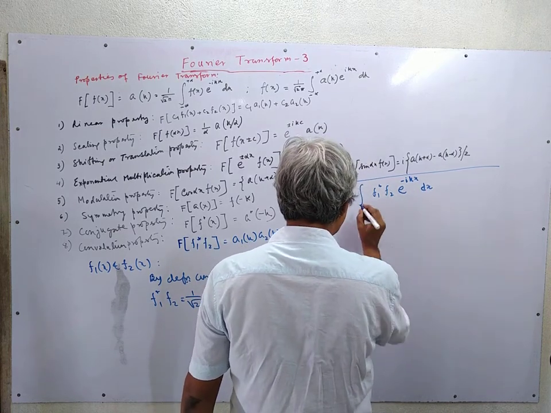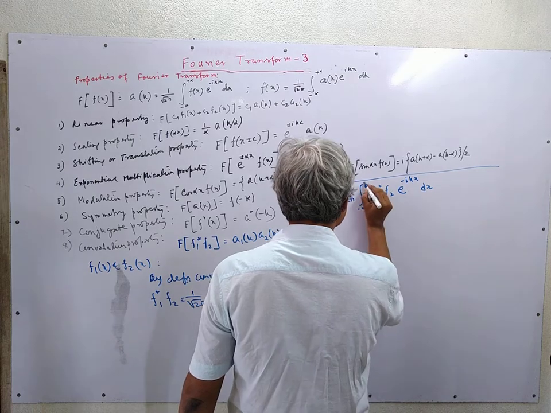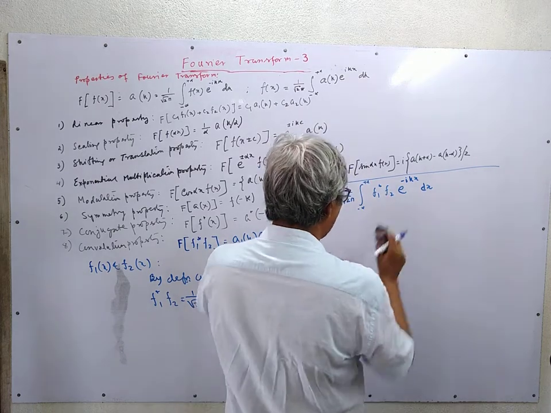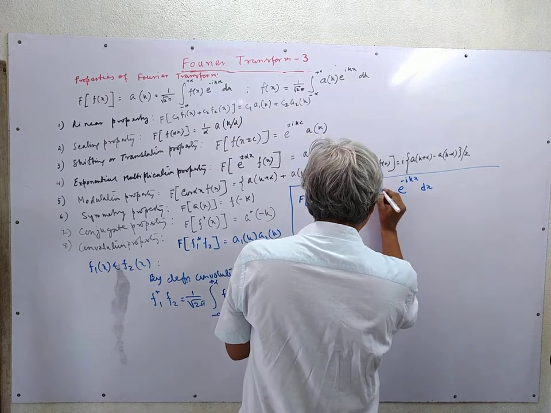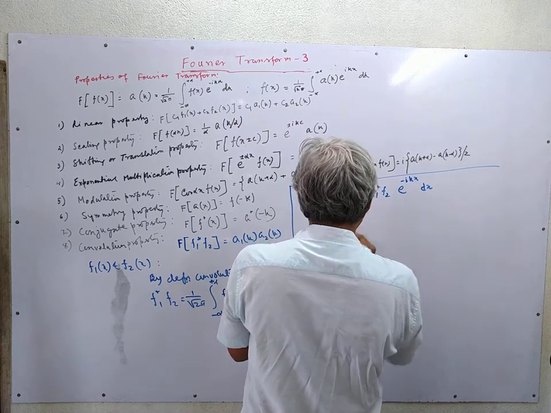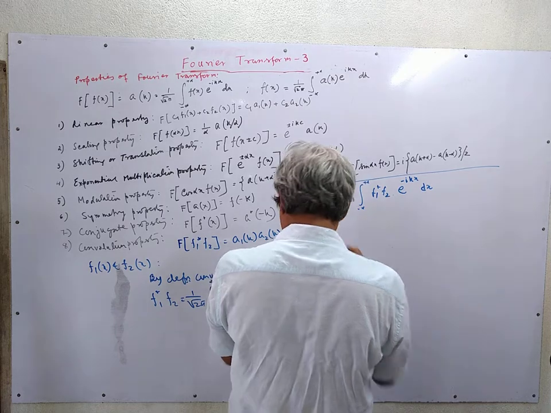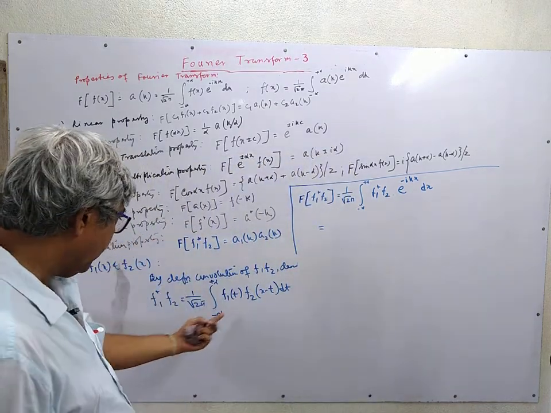The f1 and f2 are functions of x; let me write the functional form. Then we use the definition of convolution.